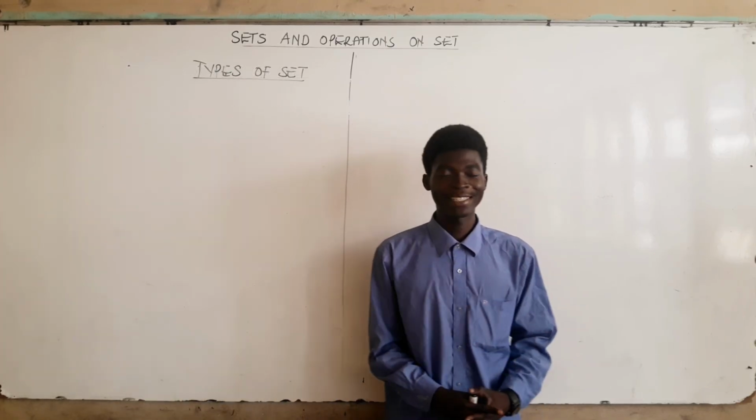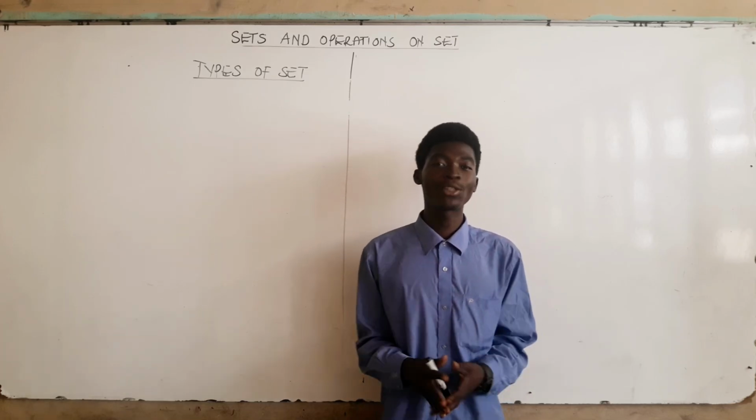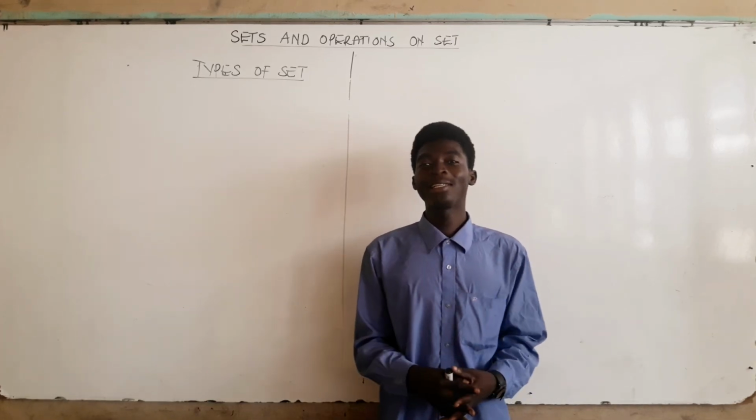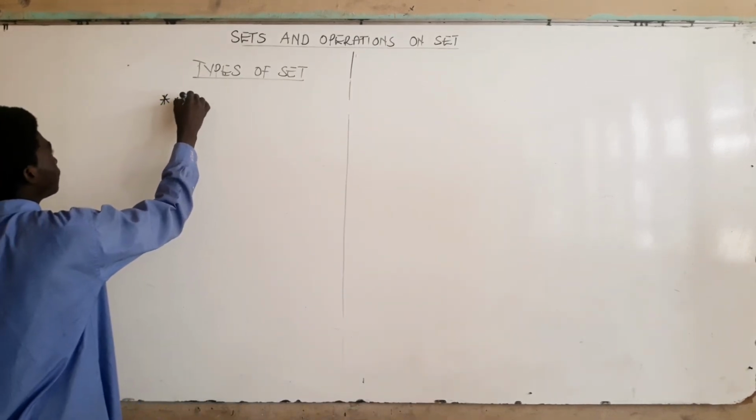Now the types of sets. There are so many types of sets, but I'm going to take you through 8 of them. The first I can talk about is the empty set.